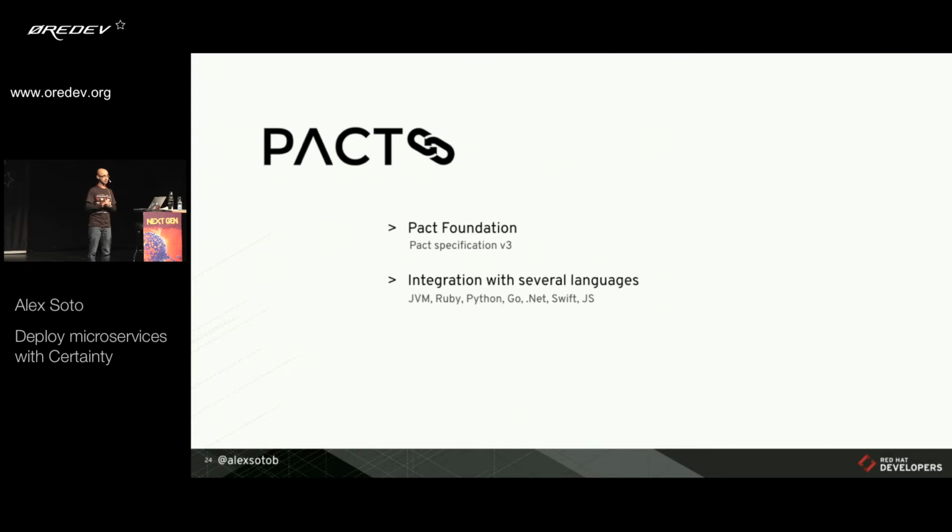And that's really cool because probably your browser is written in JavaScript and your browser is a consumer of something, which means that you can still write contracts for your browser with the same technology used in your backend. And even if your backend is using several languages, you can still use the same format. So you don't need to change between different formats. This is a really big advantage over Spring Cloud Contract.